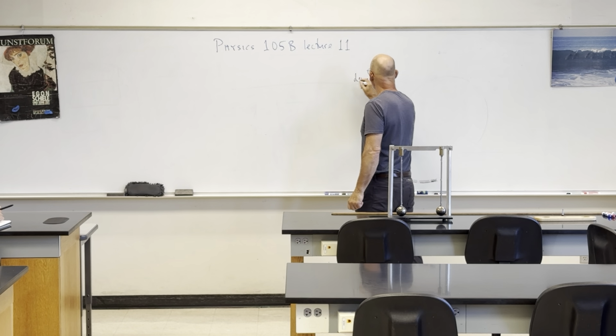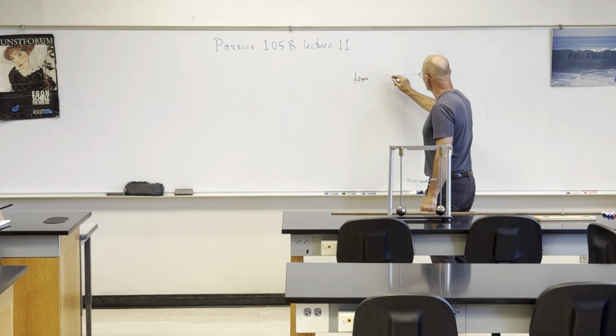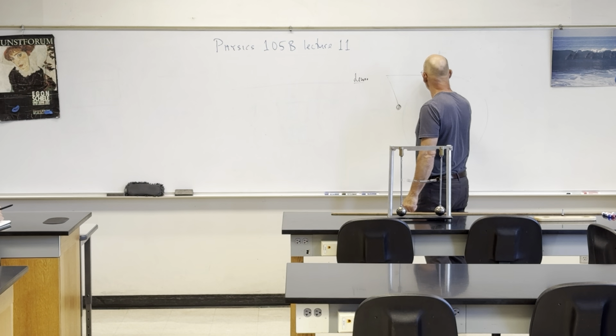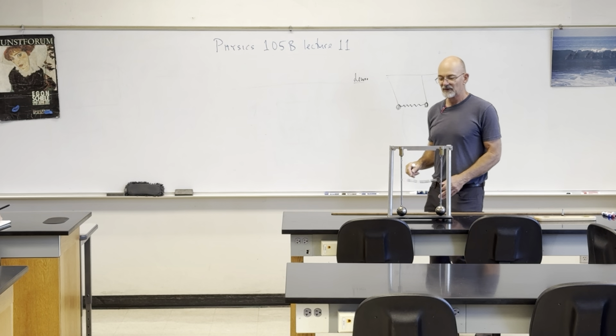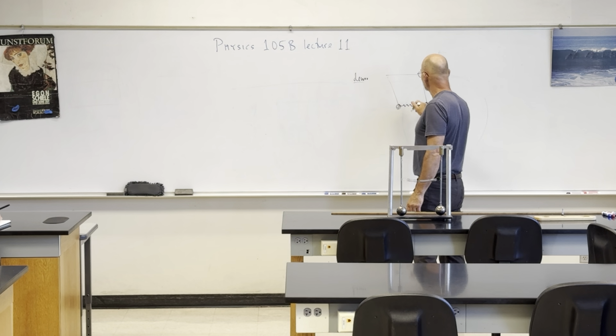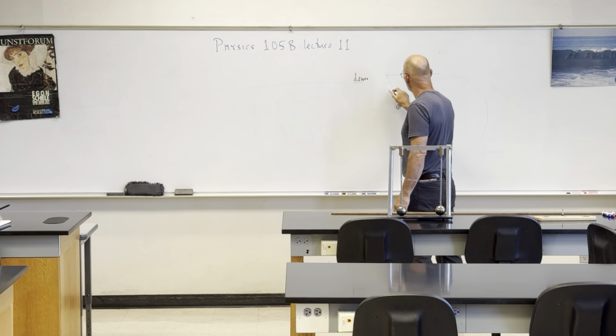So since we did this last time, now I'm demonstrating it in real life. My example has the spring in the middle. In fact, it's adjustable. But the one we calculated last time had the spring right there.